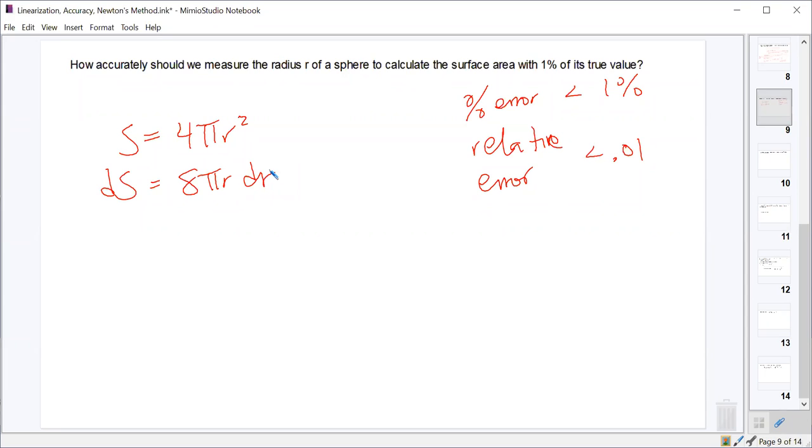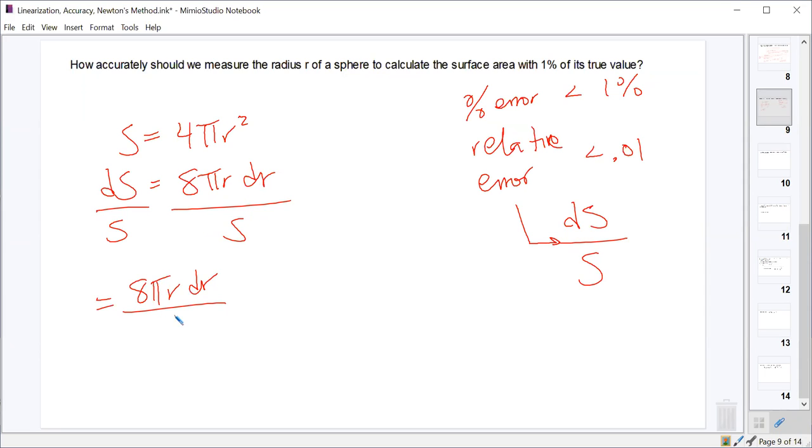So what's the relative error on the surface area equal to? Eight pi r dr over 4 pi r squared. It's equal to the change in the surface area over the actual surface area, so I divide both by 4 pi r squared. This would be 8 pi r dr over 4 pi r squared, and we want that to be less than 0.01.